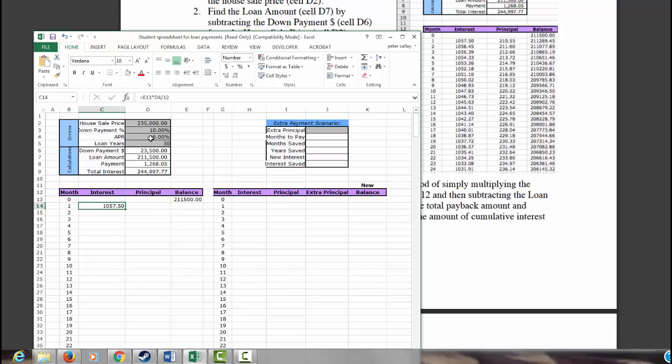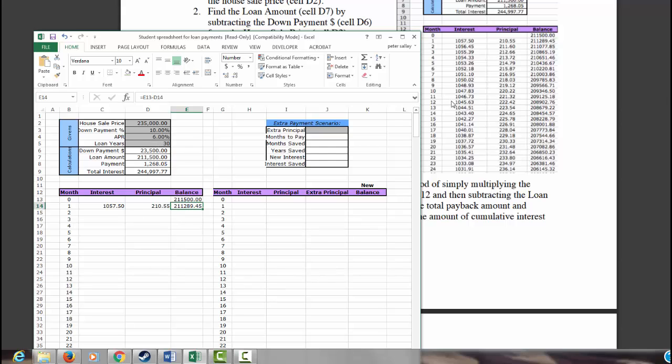And so I pay 1,015 in interest, which means I want to take my payment and subtract off the interest, and so I'm only getting 210 towards the principal, and my balance is only going down. So take the previous month, subtract off the principal, and that's my new current balance.